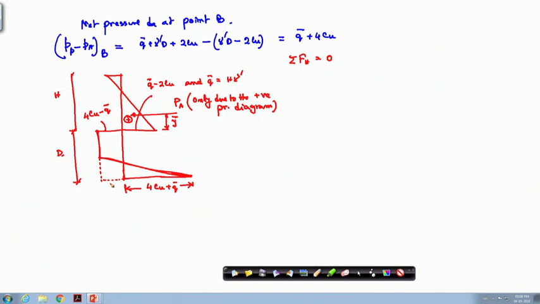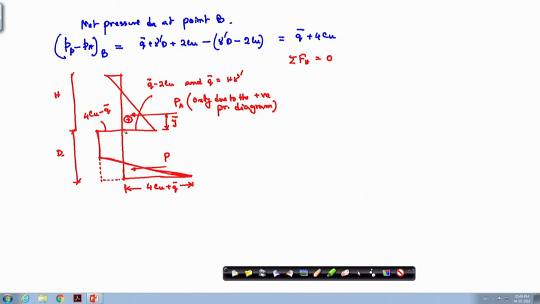One horizontal force that will act is this P A. Another force is P due to this triangle.